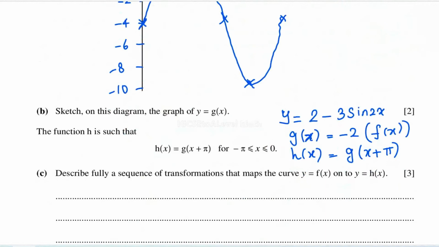So minus is there, so it's a reflection in the x-axis. So since 2 is there, it's a stretching factor along the y direction.